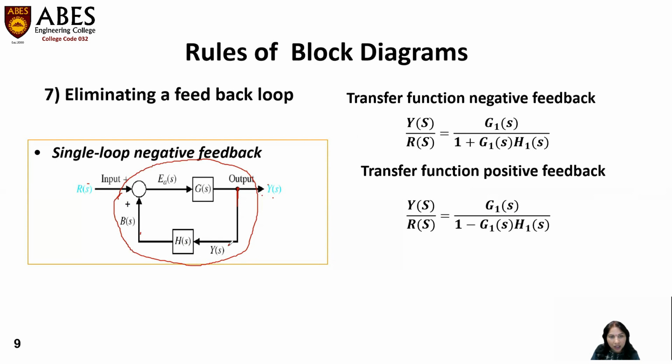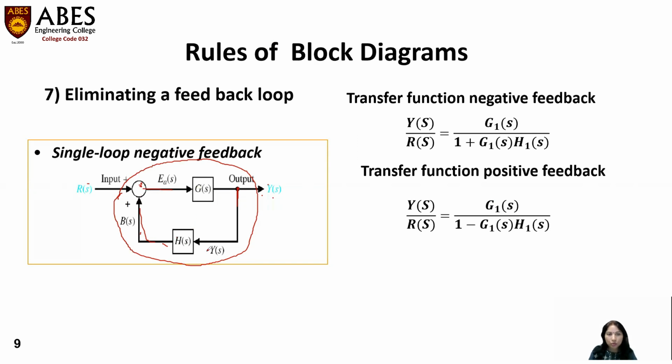So this forms a loop. Suppose I start this loop from this point and move like this, it completes again right here. Suppose you find such types of loops in your block diagram.